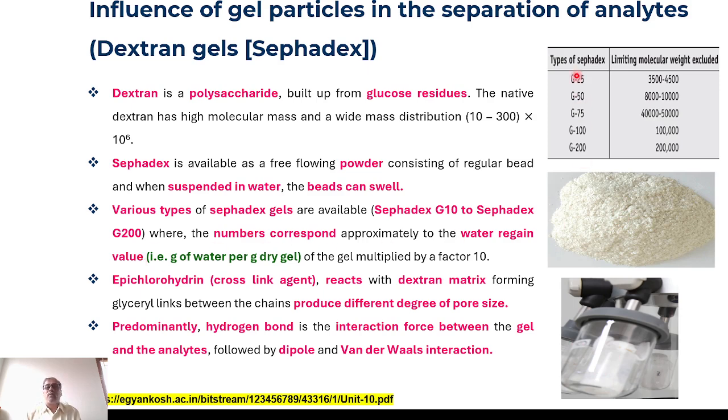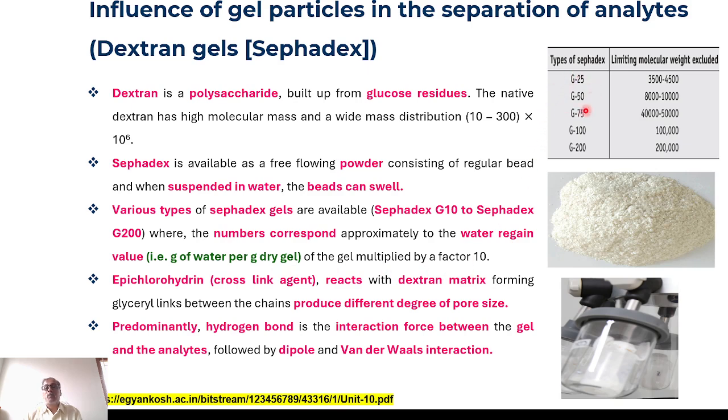So there are various types of Sephadex gels, as I discussed. Now what do these numbers denote, G25, G50, G100, G200? These numbers denote the water regain capacity, which we have to multiply by a factor of 10.